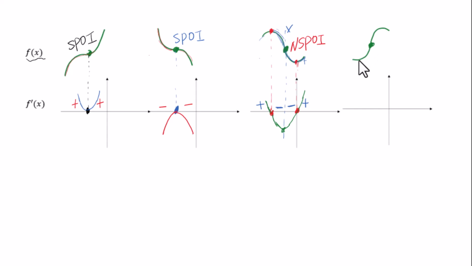For this graph, this is a minimum point, a maximum point, and a non-stationary point of inflection. Minimum and maximum will become zeros.